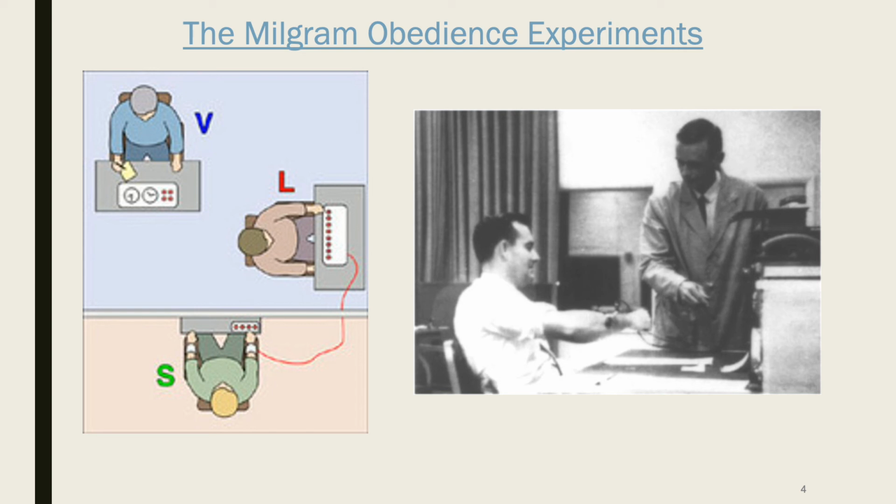So if the subject could hear the person screaming and being hurt, they were less likely to go all the way, although most of them still did. If they were in the same room and they could actually see the person suffering, now the obedience rate dropped to about 40%. And they even had a condition in one experiment where the subject had to actually go up and force the struggling victim's hand down onto a shock grid by pressing on this rubber mat on the top of his hands.